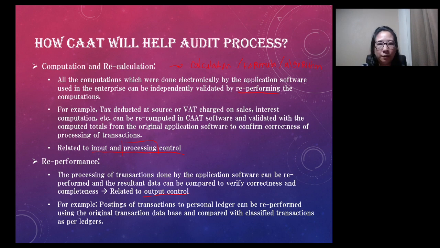But the difference is, in the computation we are focusing on the calculation or the formula and on how the system processes it. And then in the reperformance, our focus is on the output control, like the report, the printing, the dashboard, and so on.